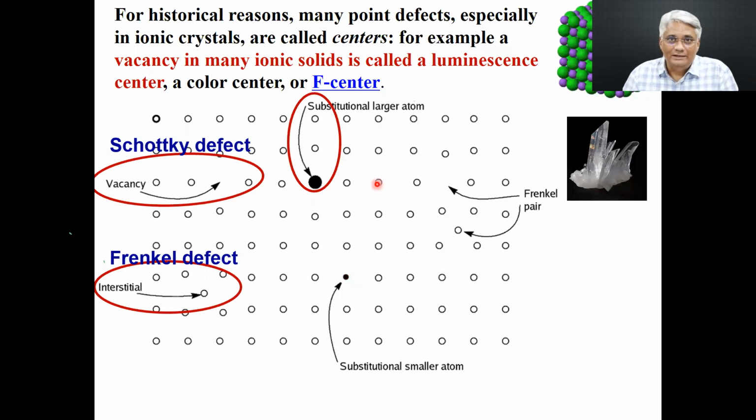So I'm replacing a lattice atom by a substitutional atom, which could be bigger or smaller than the lattice atoms, obviously, because if the foreign atom has to have the same size as the lattice atom, I have to substitute it with the same atom. That means if this lattice is made of silicon or germanium, each element in the periodic table has a different ionic radius.